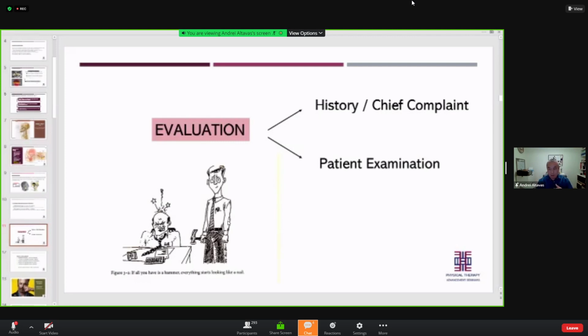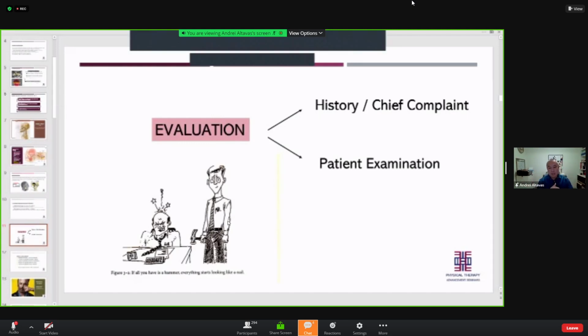Now, the patient examination involves all the physical aspects of our examination, whether that's active range of motion, passive range of motion, some of the special tests, some of the neurological assessment that we do, and all those things. I have this little cartoon strip here that says, if all you have is a hammer, everything starts looking like a nail.